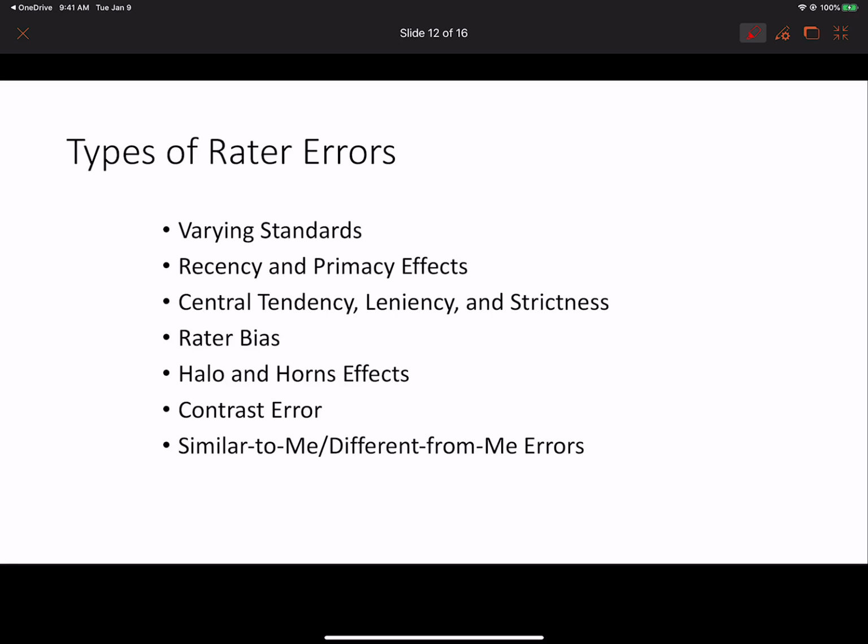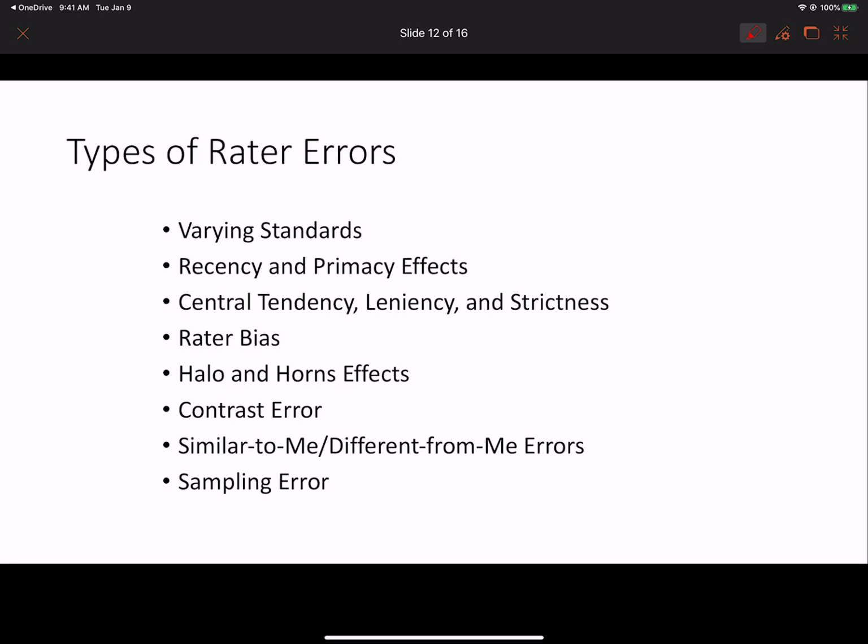Similar to me, different from me errors. If a person's similar to me and we like the same football team, or we went to the same church or whatever, that's a rating error. A person different from me, I can evaluate them based upon their differences apart from me. So those are errors.